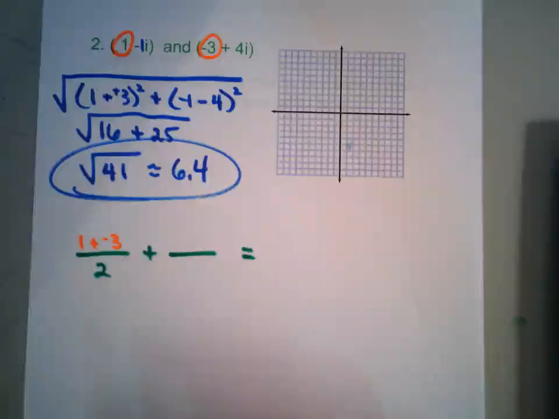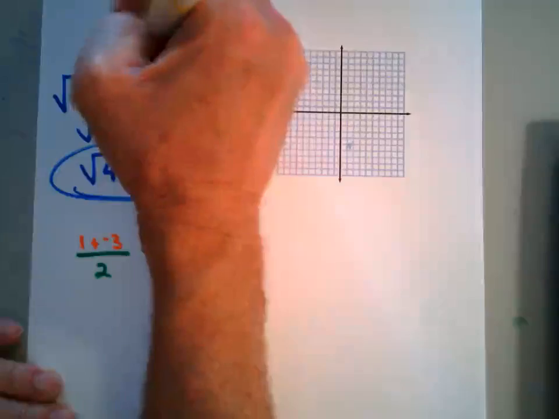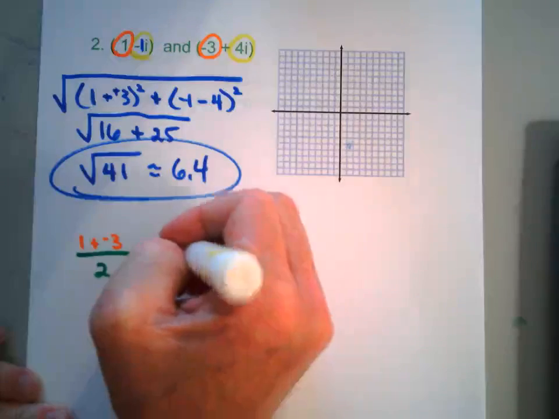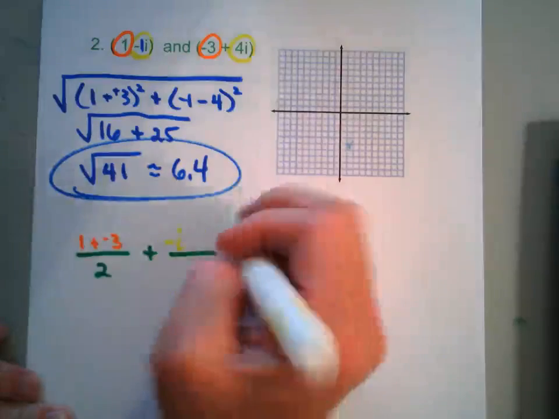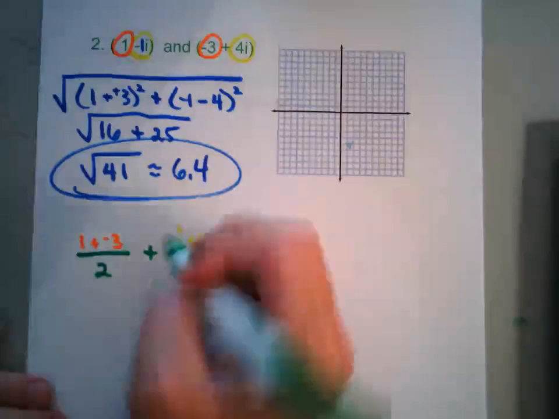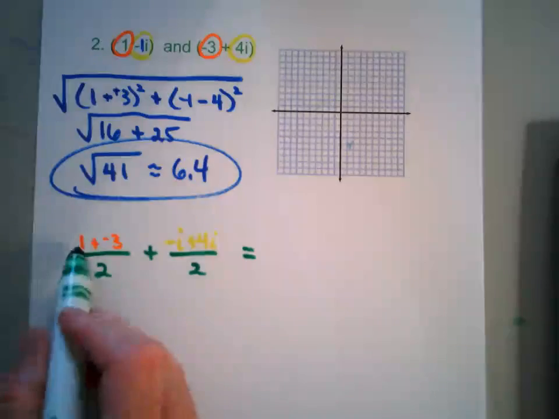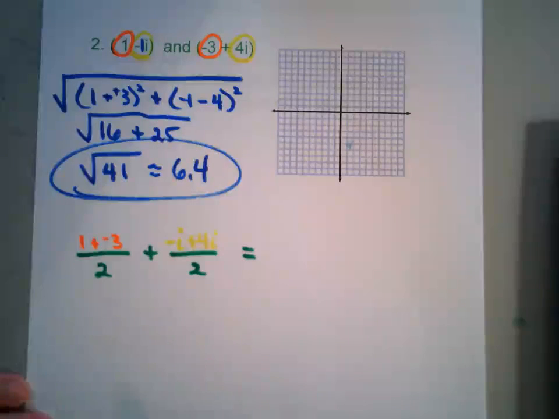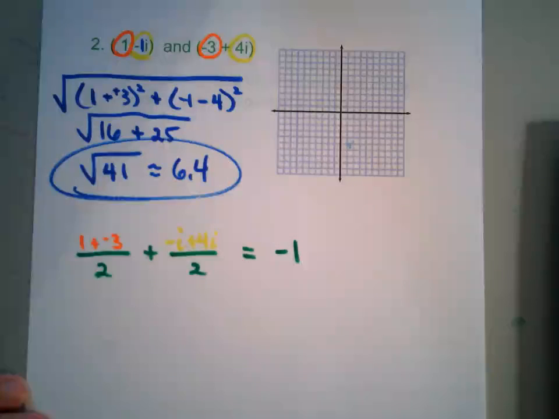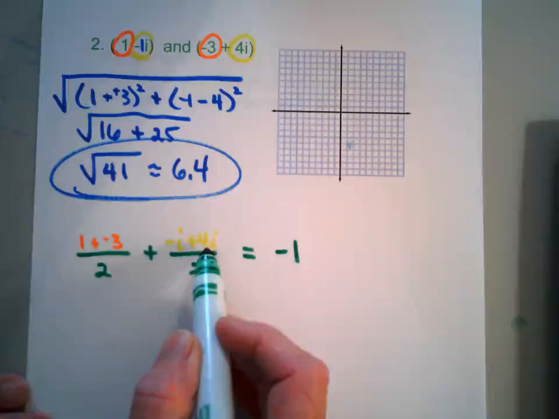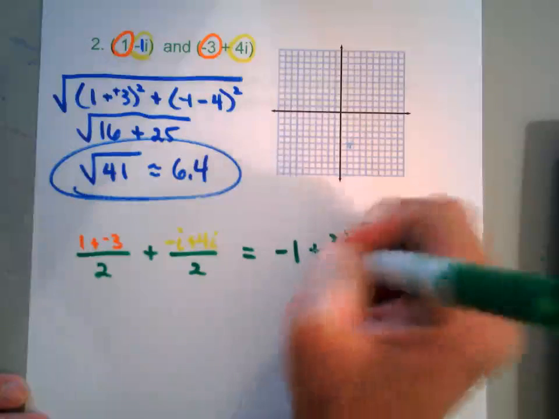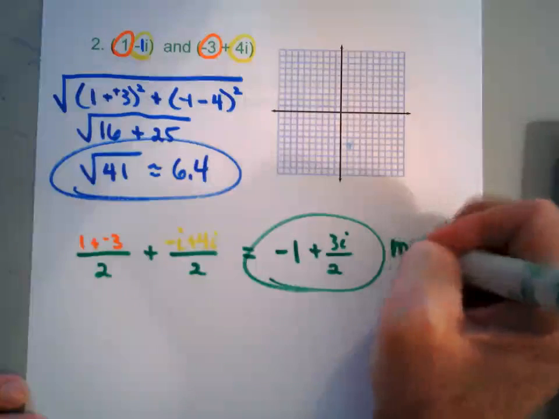Take the two bi's, which are negative i and 4i. Divide those by 2. So negative 1 plus 3 is negative 2. Negative 2 divided by 2 is going to be negative 1. And negative i and positive 4i is 3i divided by 2. We'll just call it 3i divided by 2. There's your midpoint.